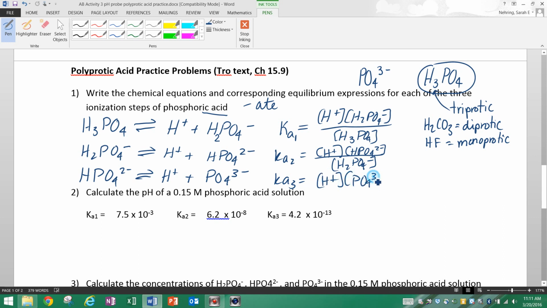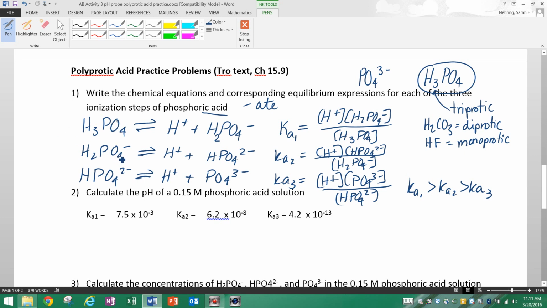And then we should be able to predict the magnitudes of these. So we will find that the value of Ka1 is always greater than Ka2, which is always greater than Ka3. And typically Ka1 is a lot bigger than the successive ones. And if you think about what's happening here, like in this first case, you are losing a hydrogen from a neutral molecule.